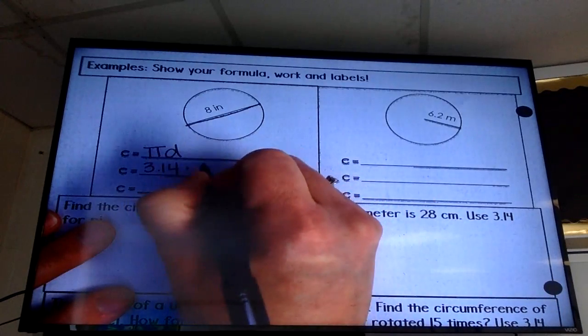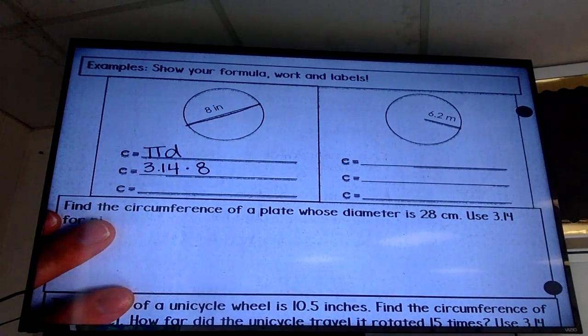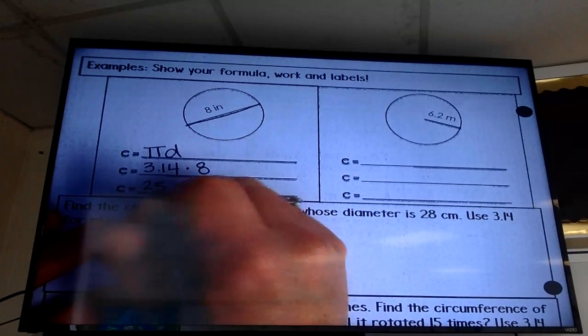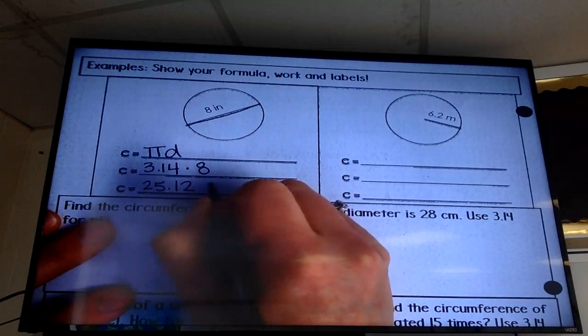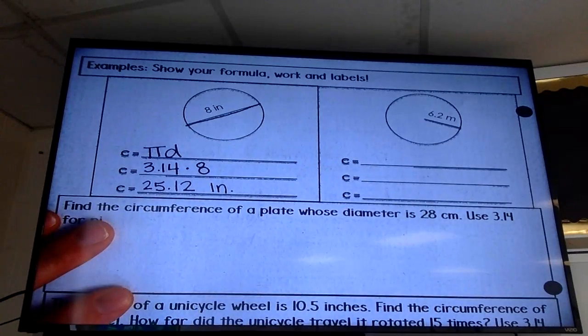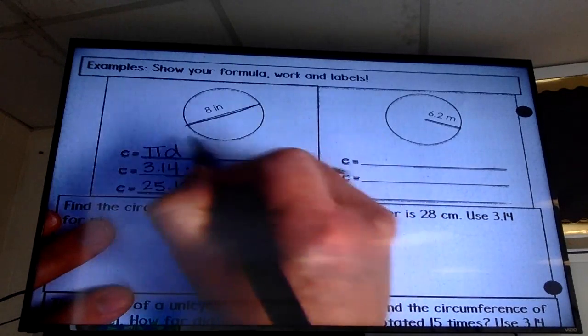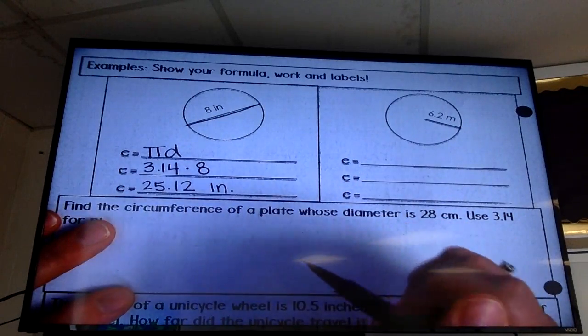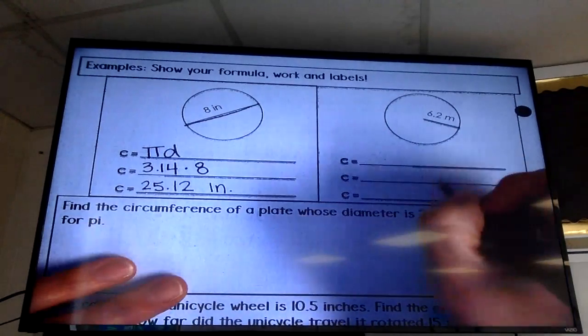Remember, diameter is all the way across, so times 8. So 3.14 times 8 gives me 25 and 12/100. I would label it inches. Okay, remember, distance around is just a plain label. If it's area, then I would say inches squared. If it was volume, then I would say inches cubed.